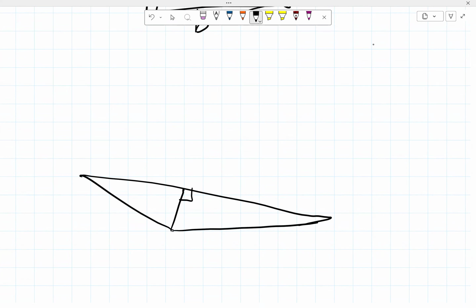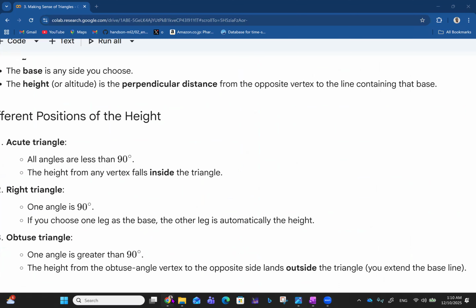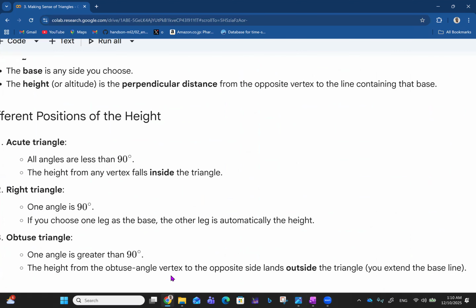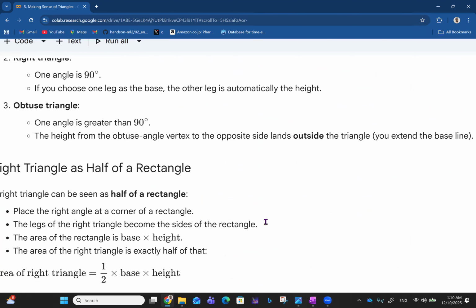Or if you try to drop another height, you may need to do some kind of extension, like it's been said there. The height from the obtuse angle vertex to the opposite side lands outside the triangle, so you extend the base. There's something I didn't draw well there, but it's okay.